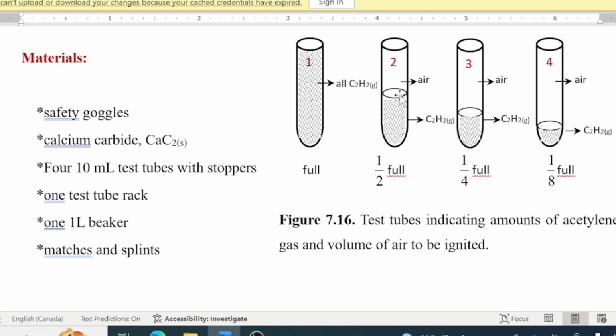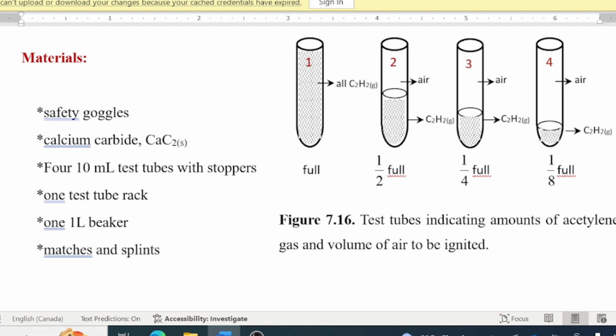That part of the test tube there is half of its volume, 1/4 of it, and 1/8 of it, because we're going to fill those volumes. This one here will have a full test tube of the acetylene gas. This test tube we will fill with half, 1/4, and 1/8.